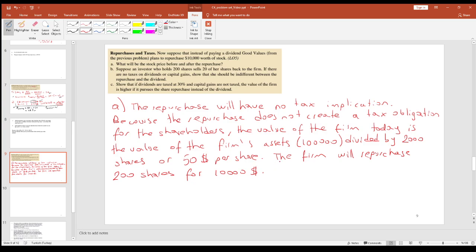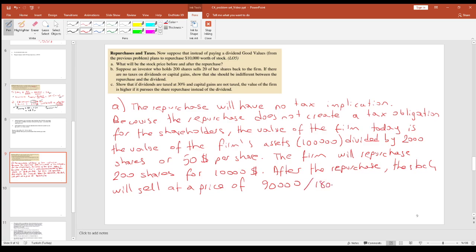Okay, so after this repurchase, the stock will sell at the price of $90,000 divided by 1,800 shares, which is equal to exactly $50 per share.